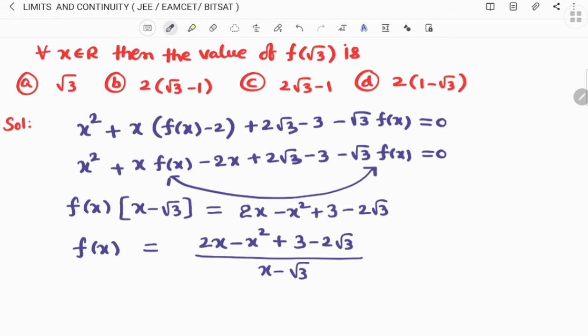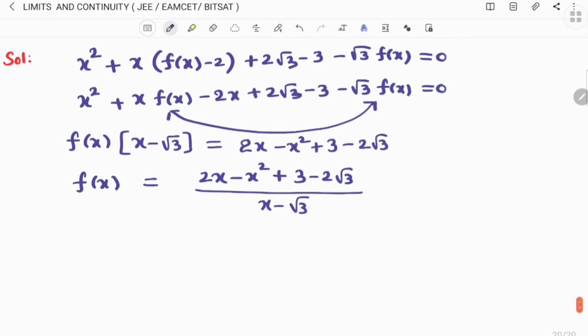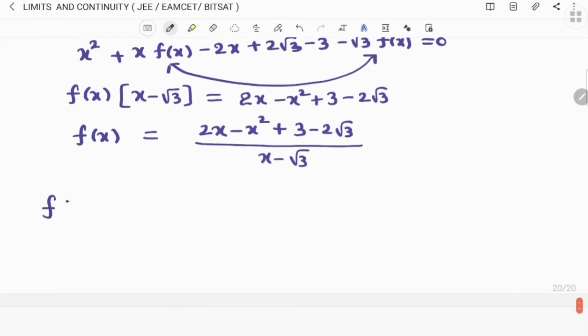But we want f of root 3. In the question, they are asking f of root 3. So f of root 3 means limit x tends to root 3 of f of x. This is the f of x value we got.